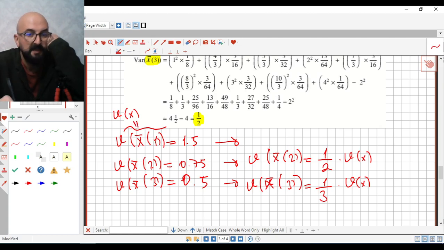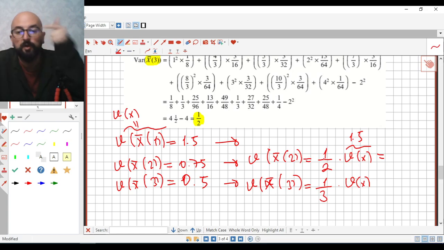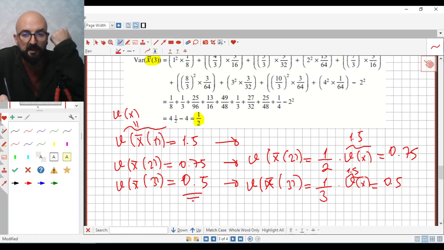So we can write 1.5 instead of the variance of x, and 1 over 2 multiplied by 1.5 becomes 0.75, and 1 over 3 multiplied by 1.5 becomes 0.5.